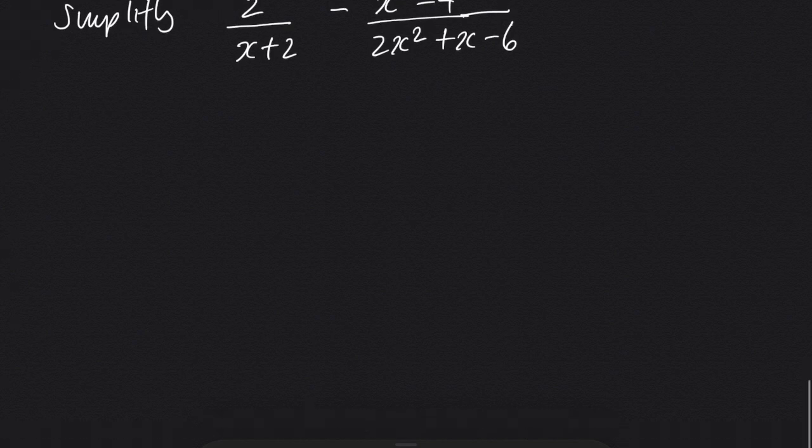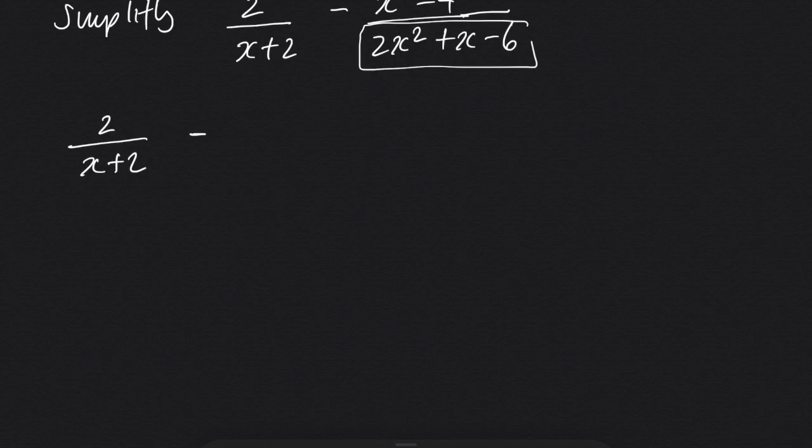Right, so let's begin by looking at how we can solve this. So 2 over x plus 2. So we need these common denominators. So maybe if we factorize this into some brackets, we might be able to solve this. So what have we got here? A 2x squared, an x, and a minus 6.